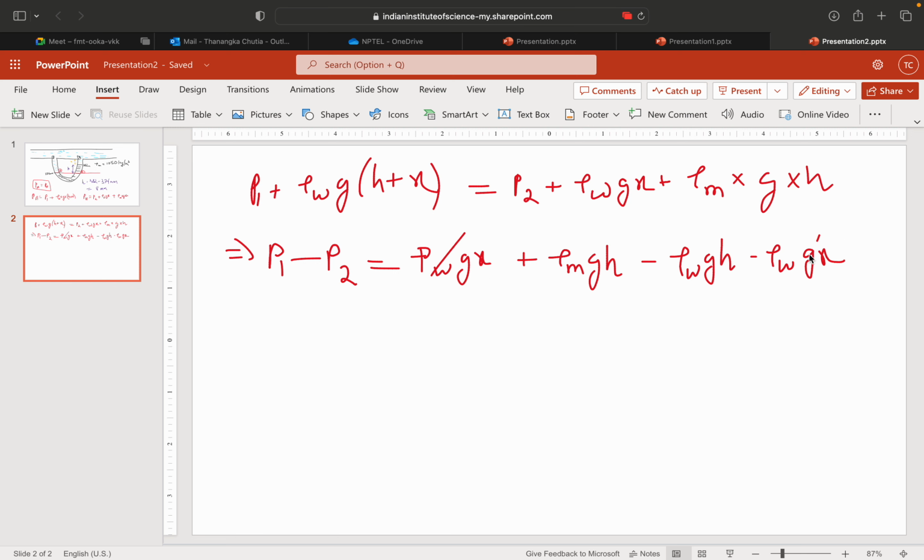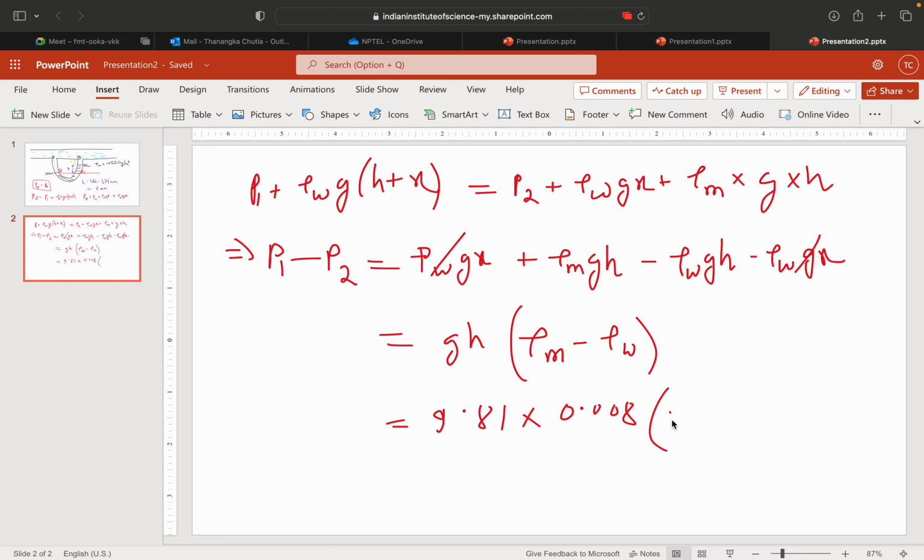Here rho W g x is gone, so what is left? I can take g h as common, so this will be (rho M minus rho W). What is g? 9.81. What is h? My 8 mm, so 9.81 into 0.008, and rho M is my 1050 and this is my 1000, so the unit will be Pascal.